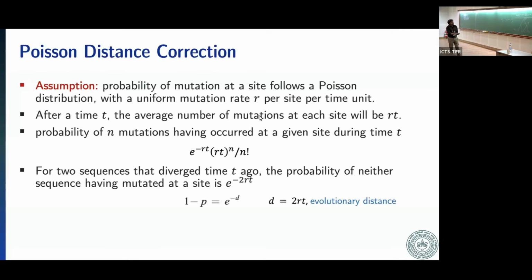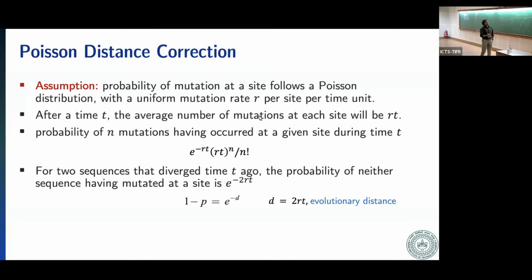Now, what we are saying is that P is the observed distance, or the P distance between these two sequences. P can be thought of as the probability that there are certain mutations. That means 1 minus P is really the probability that no mutations have occurred.